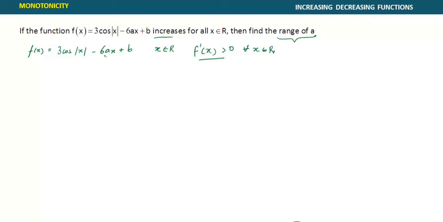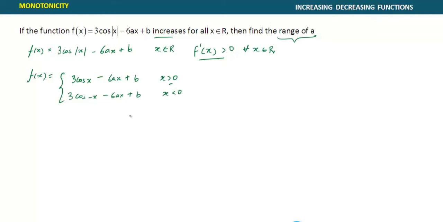So we'll think of how to find a. Let us first try to apply f dash x greater than 0 from the question. Before going to f dash x, we still have another problem, that there is modulus x and we do not know the derivative of mod straight away. So what we will do is split the function, as simple as that. We will write that it is 3 cos x minus 6 a x plus b when x is greater than 0, and it will be 3 cos minus x minus 6 a x plus b when x is less than 0.